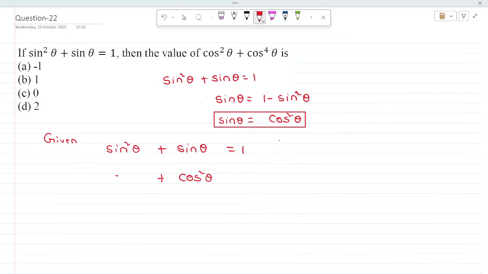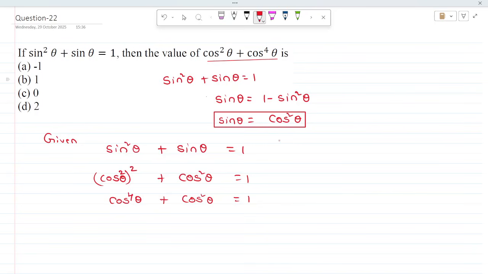But sin square theta can be written as cos square theta whole square. So altogether what will it become? Cos power 4 theta plus cos square theta is going to be how much? 1. That's what was asked, right?